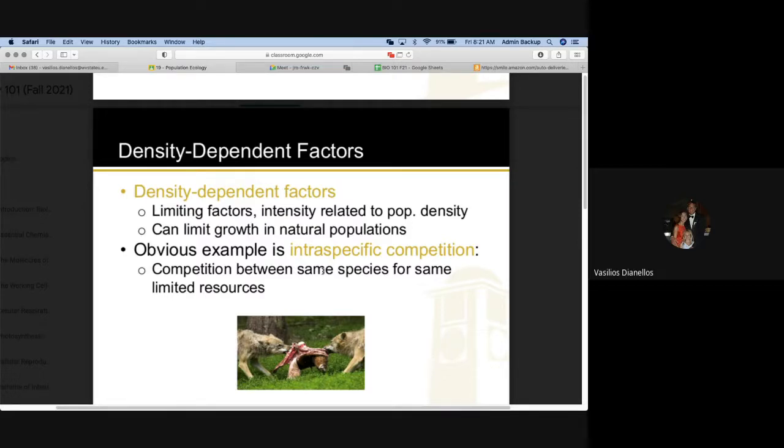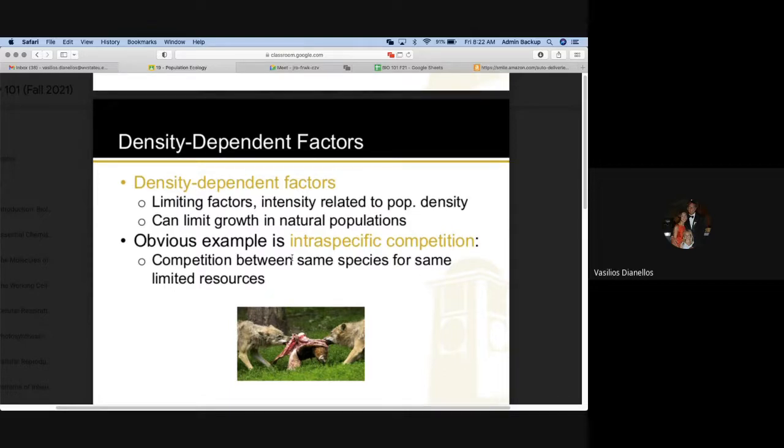The internet brings you different places, so to speak, digitally. Intra is within the same, right? So if it was inter-specific competition, it would be competition between different species. And if it was intra-specific, which is the book example, that is competition between the same species. And it's interesting to me that your book points this out and doesn't specifically discuss inter-specific competition until later, because that almost infers that inter-specific competition is not a density dependent factor, but it is too.